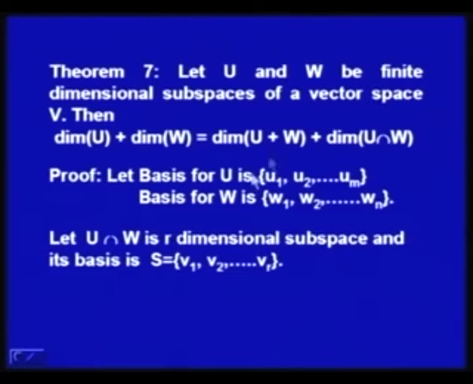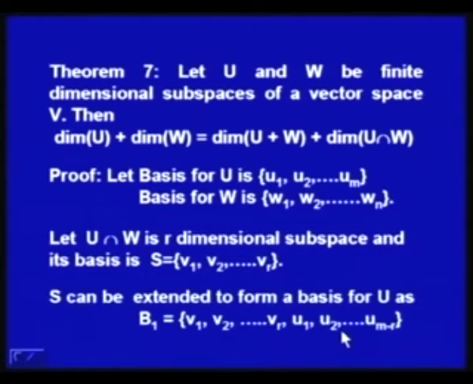It is a subspace, so we can consider U intersection W as a finite R dimensional subspace, and let us say its basis is V1, V2, Vr. Now, since it is an intersection, these vectors belong to U also, and since this is a basis, these vectors will be independent. These vectors belong to W also.